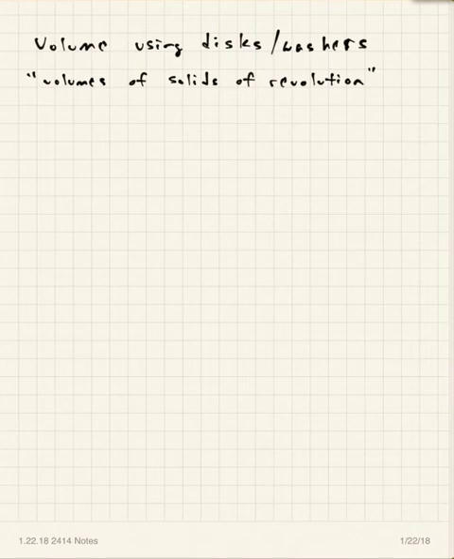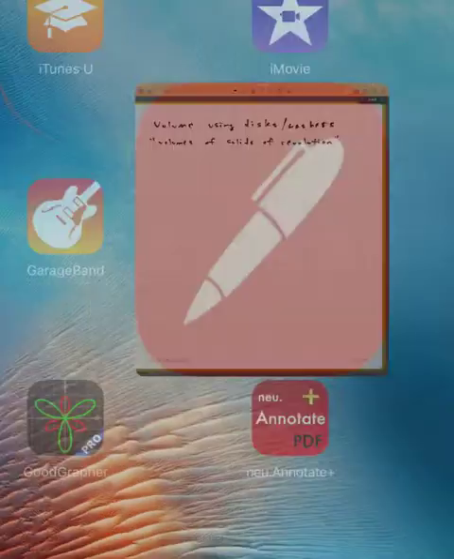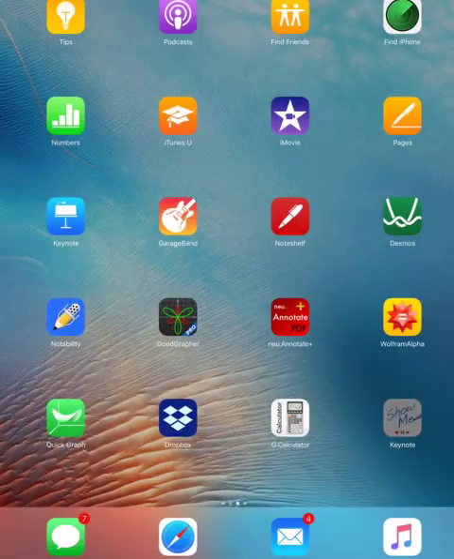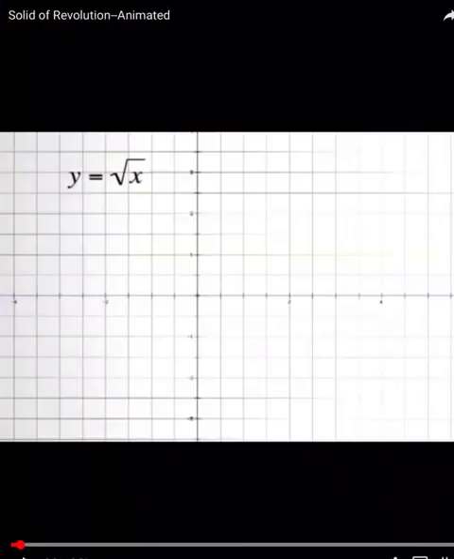I'm going to show you an animation of a volume of a solid of revolution, what a solid of revolution is, and you can see it in this video here. So in this problem, we're looking at the function y equals the square root of x.